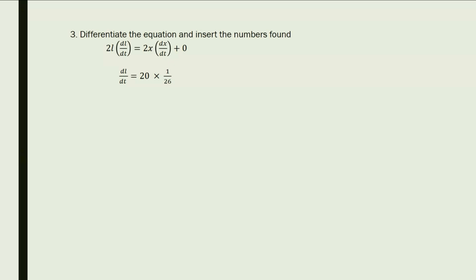And if we insert the numbers we found in the first step, L prime will equal 20 times 1 over 26. So the rate of change of L is 10 over 13.